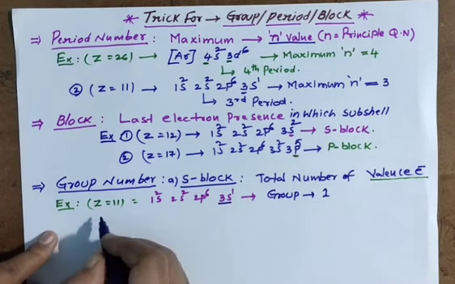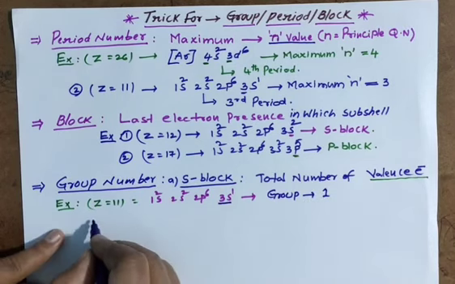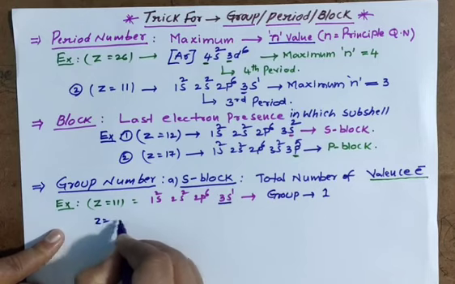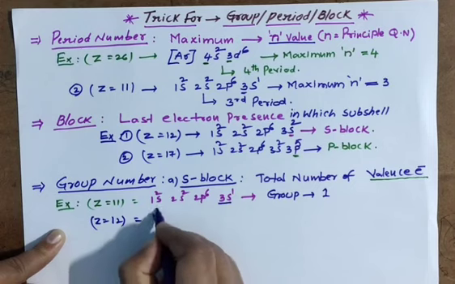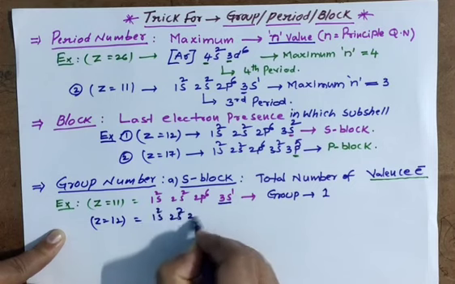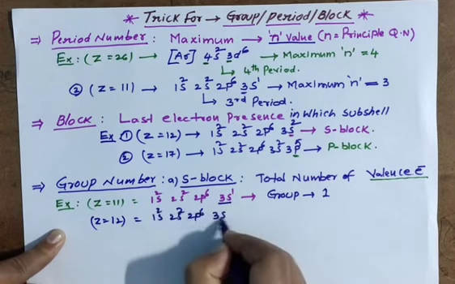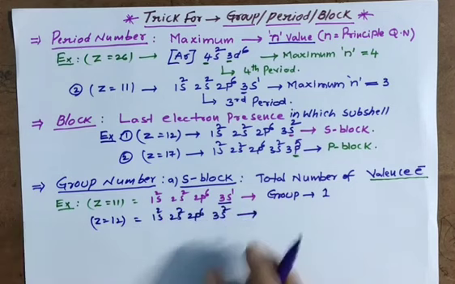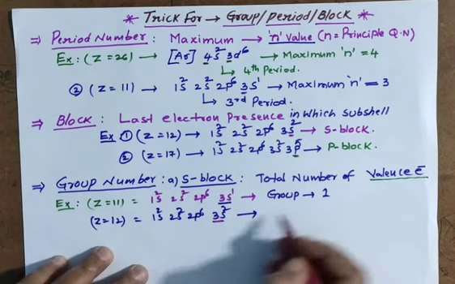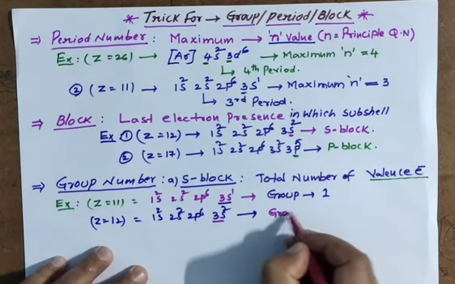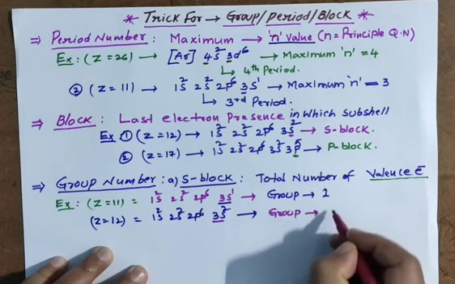Go for another one. I am taking atomic number 12: 1s2, 2s2, 2p6, 3s2. See how many valence electrons are there here? In the valence shell, 2 electrons are there. This belongs to group 2.